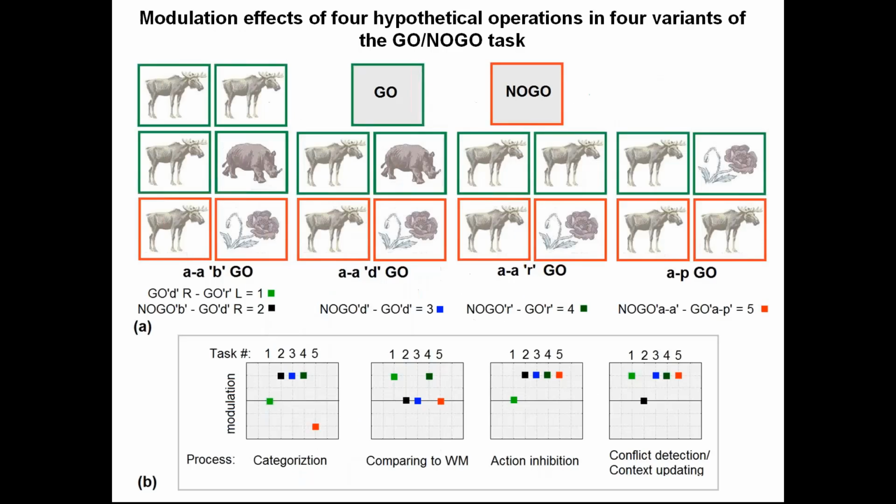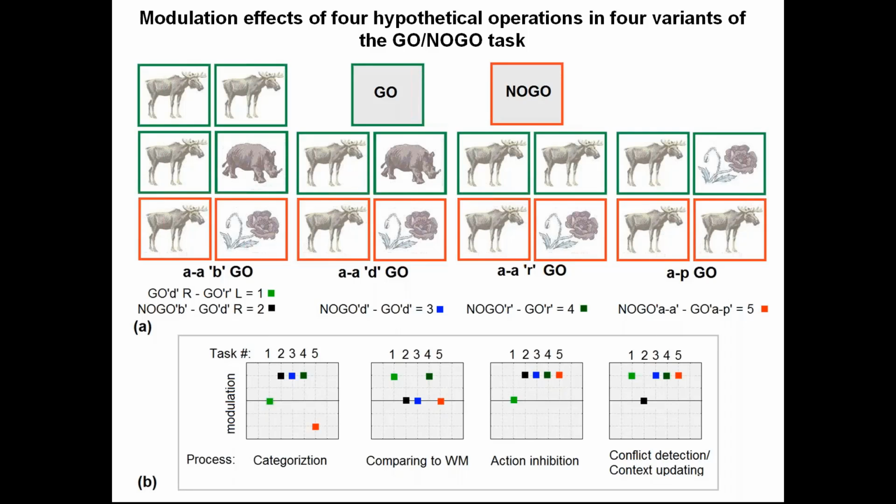And then we made the next step. We asked subjects to do 4 different tasks in which we manipulated the stimuli, what kind of stimuli had to be reacted to, in which the different processes like categorization, comparing to working memory, action inhibition, and conflict detection were independently manipulated.